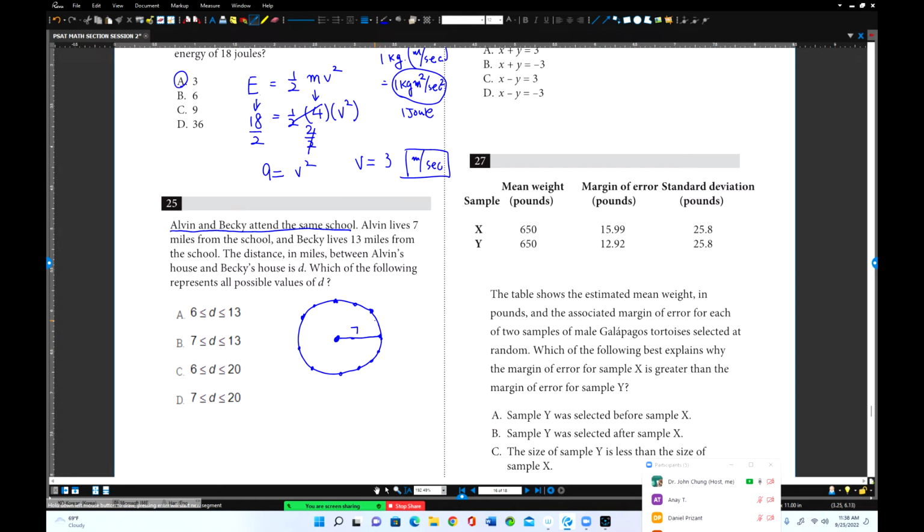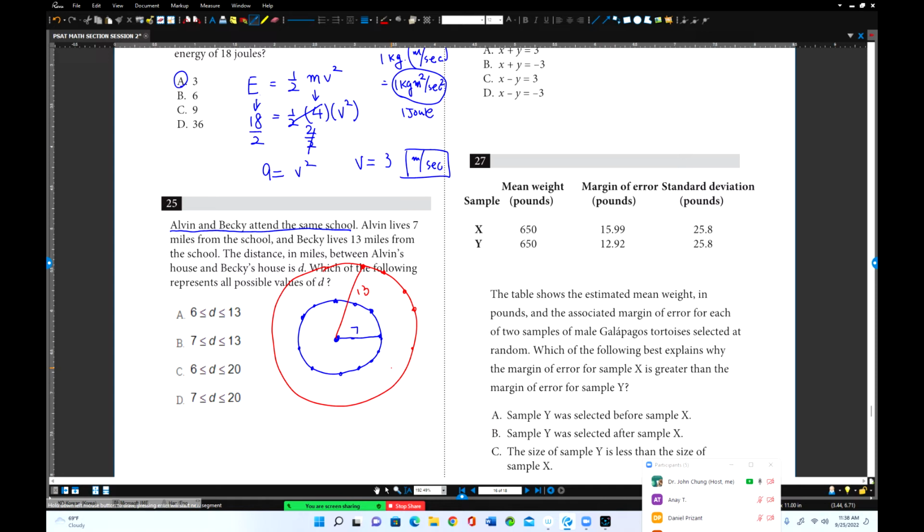But what about Becky? 13 miles away, a little farther away compared to Alvin. They live up here, but we need to find the distance between these two homes.